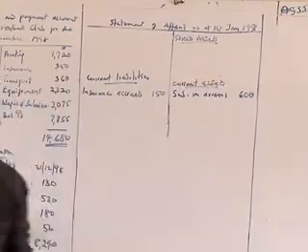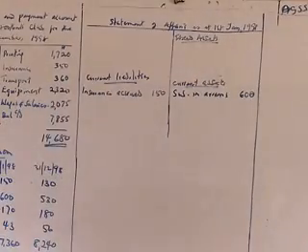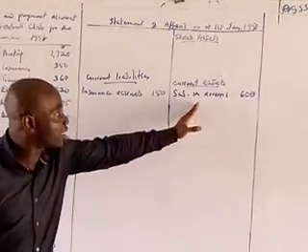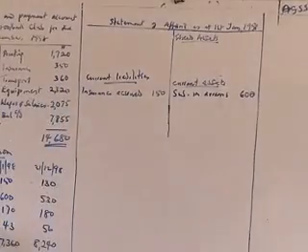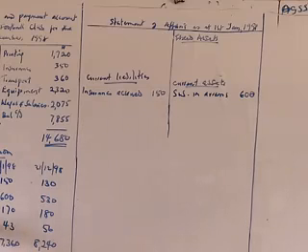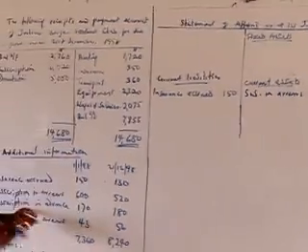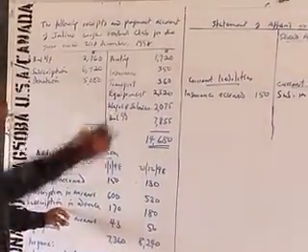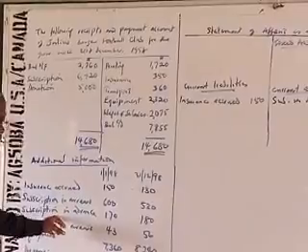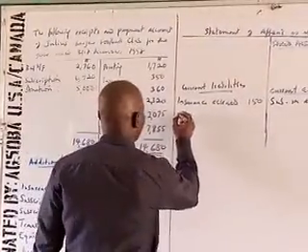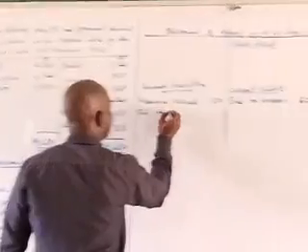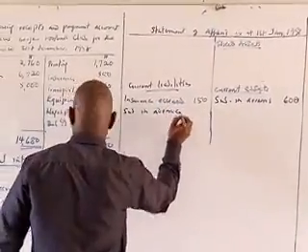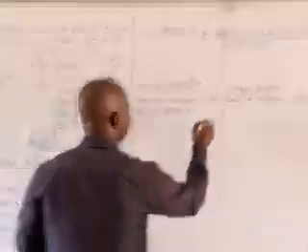Then we have subscription in advance. The same thing that is applicable to subscription in arrears is also applicable to subscription in advance, because we are talking about income. Subscription is an income. Subscription in advance, when you receive income in advance, is a liability because you have not yet provided services. So now subscription in advance, and the figure is giving us 170.